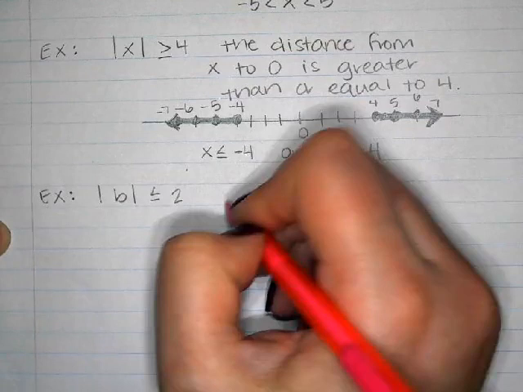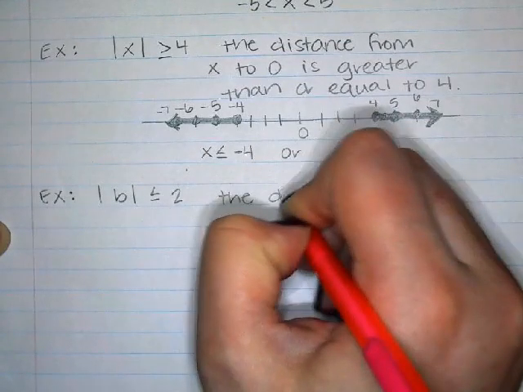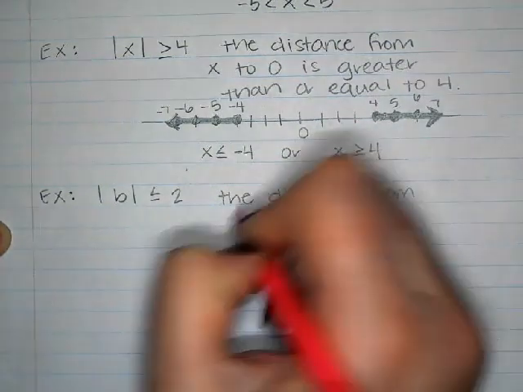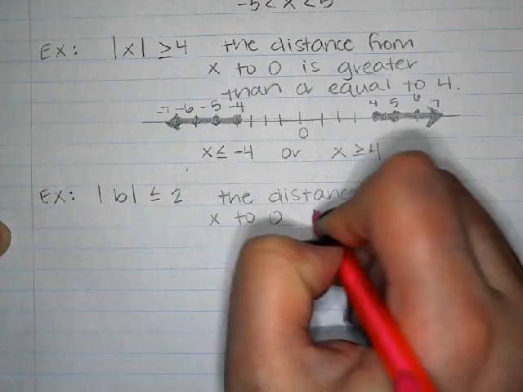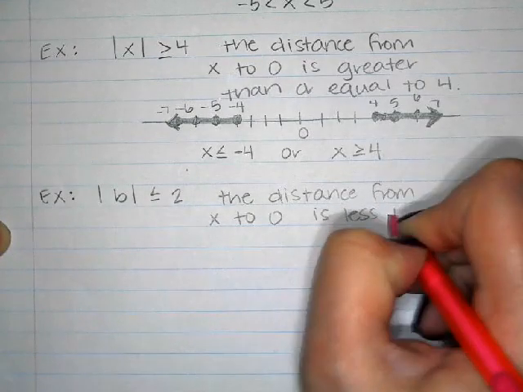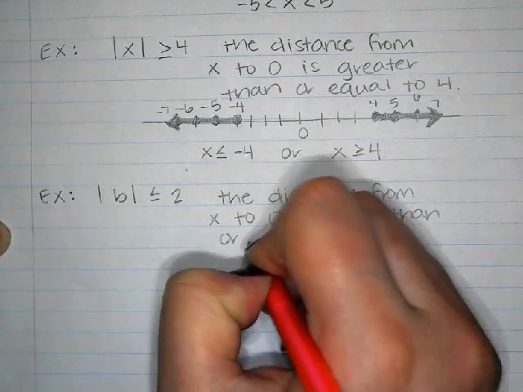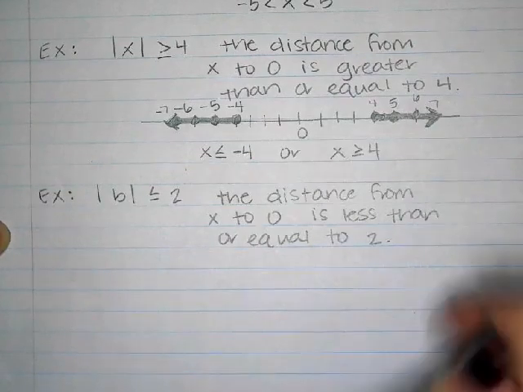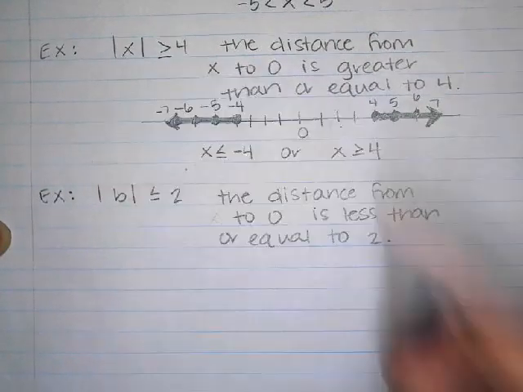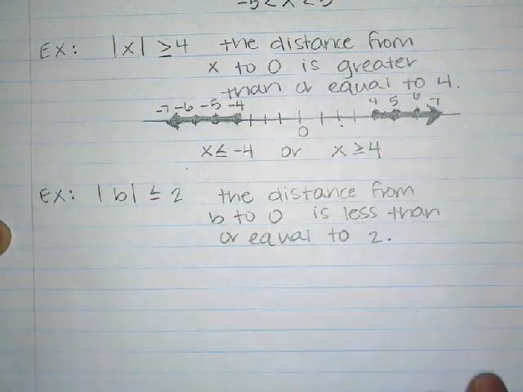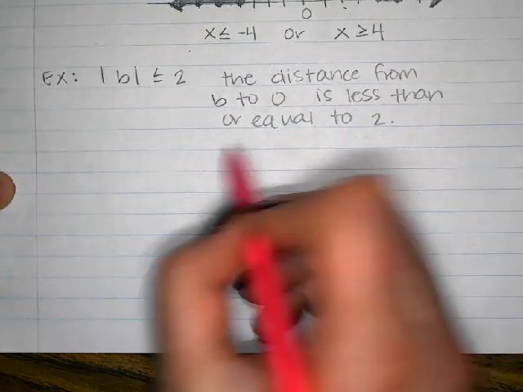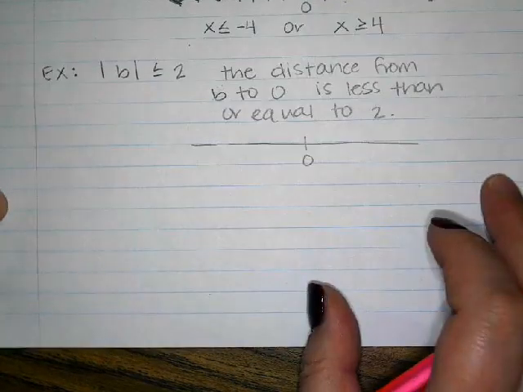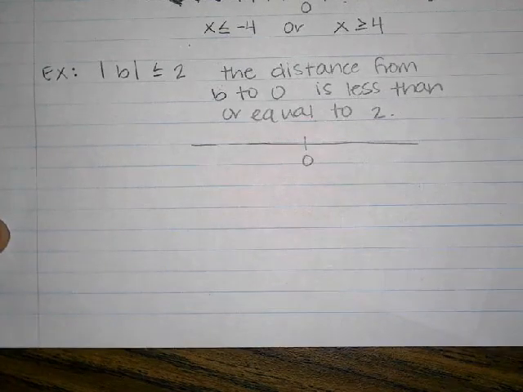So the distance from B to 0 is less than or equal to 2. Okay, so what's a number that would make that true?